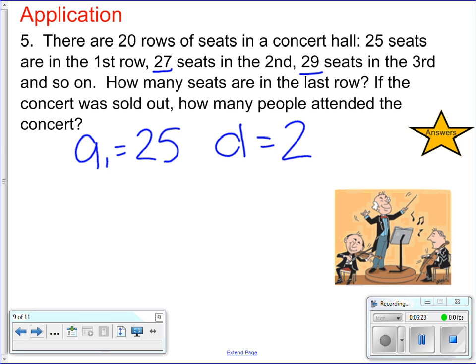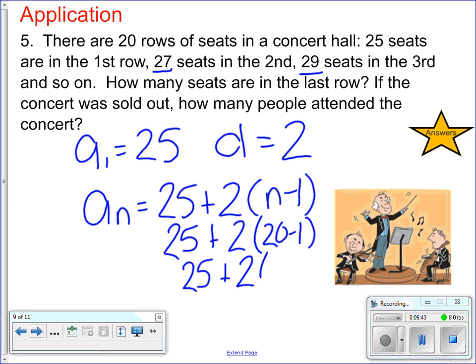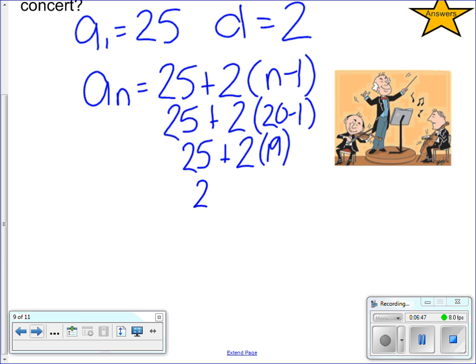If I write my equation, a_n is my first term plus my common difference times n minus 1. There are 20 rows, so 25 plus 2 times 20 minus 1. That's 25 plus 2 times 19, so 25 plus 38 is 63 in the last row.